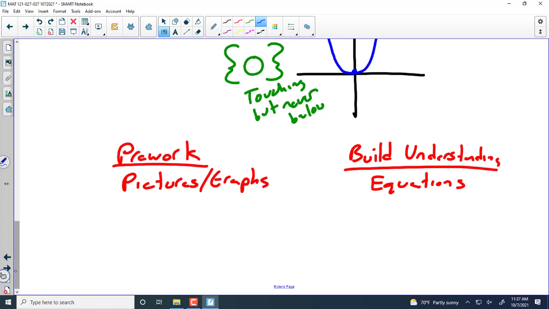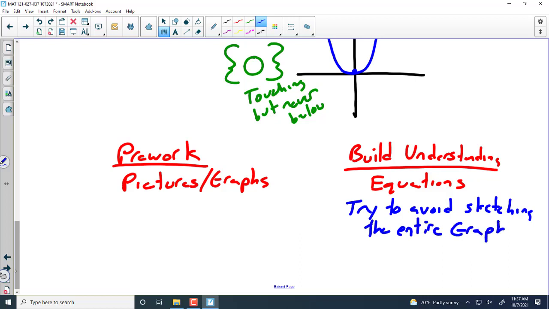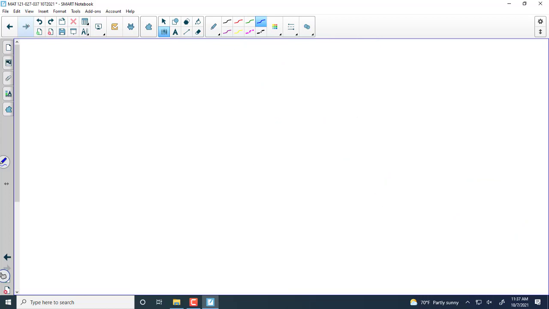And the big idea with the equations is we try to avoid sketching the entire graph. We're going to do our best to avoid actually just having to draw the entire picture. Because if we're going to draw the whole picture, then we might as well be back in a different section where we're drawing graphs. All right, so here's what a question might look like.